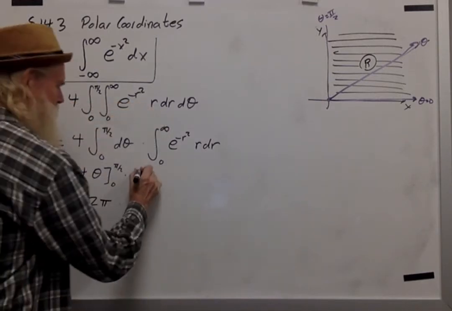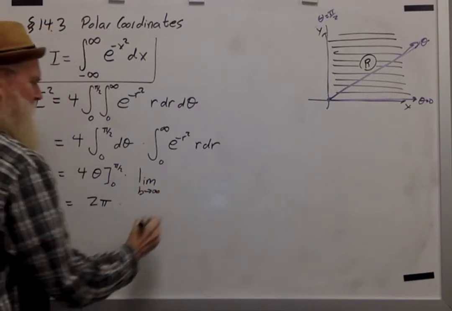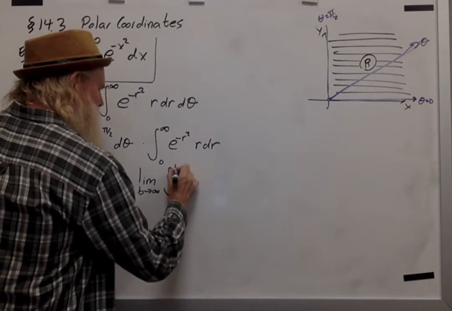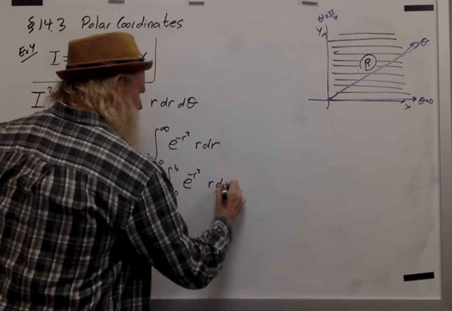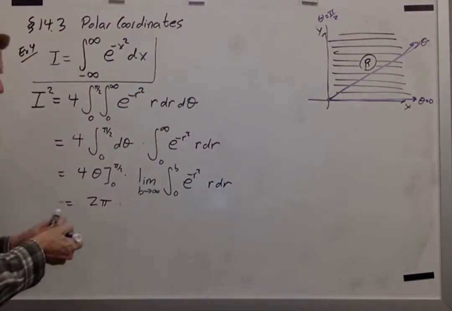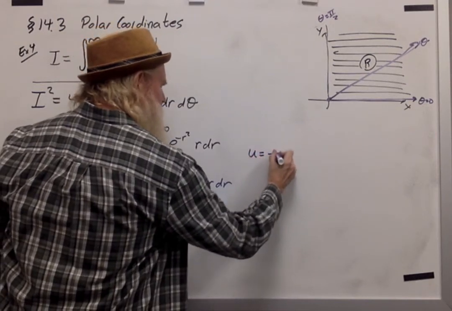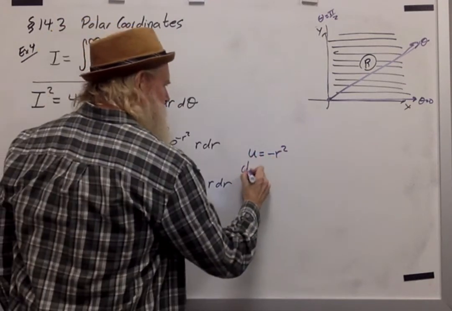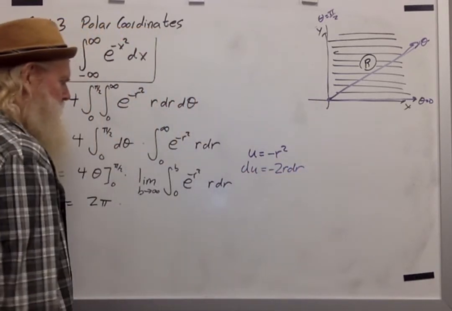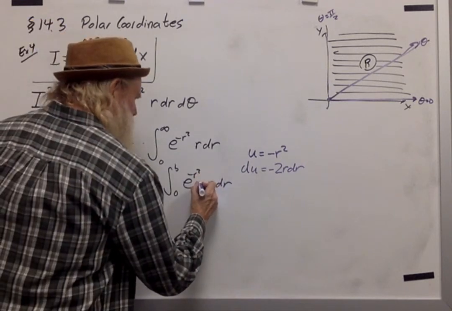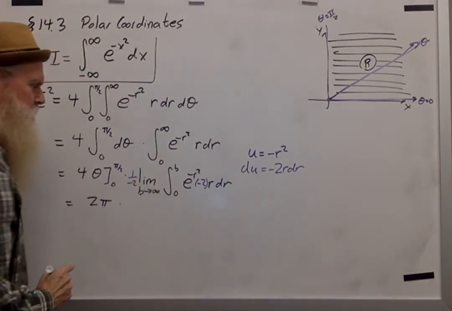This second one we now need to write as the limit as b goes to infinity of the integral from 0 to b of e to the negative r squared times r dr. And now we'll do that u substitution I mentioned. If we let u equal negative r squared, du is negative 2r dr. So I'll multiply by a negative 2 and divide by negative 2.